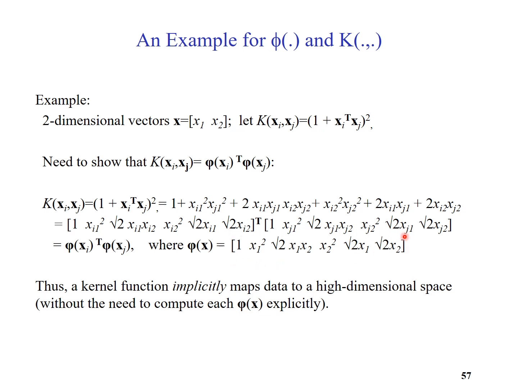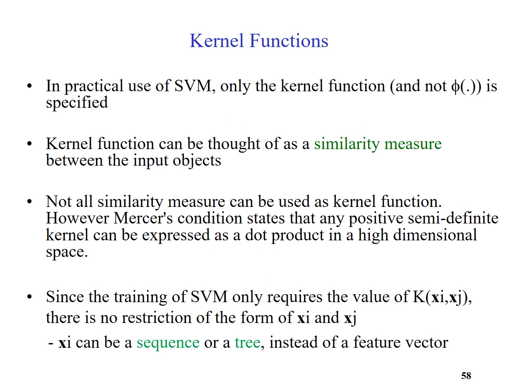So it automatically determines the number of dimensions and also the configuration in the higher dimension. Everything is automatic. That's the beauty of the kernel function. You don't have to worry about this. When you run SVM, pretty much the only parameter you can consider is the kernel function.